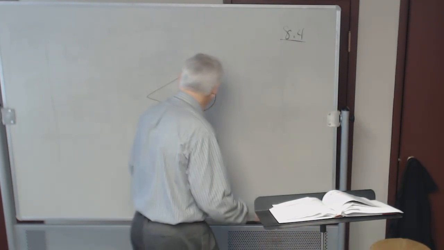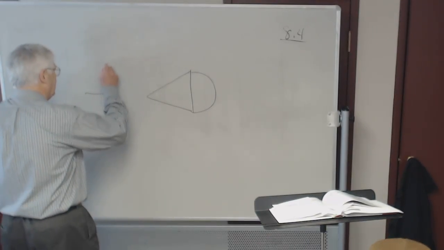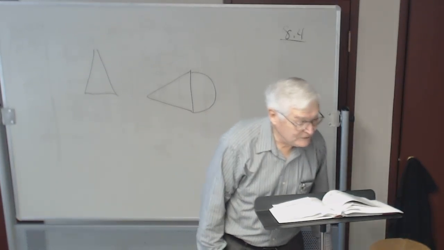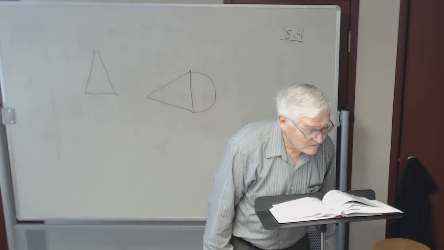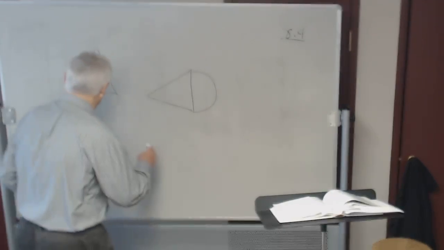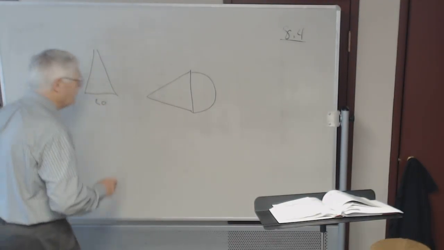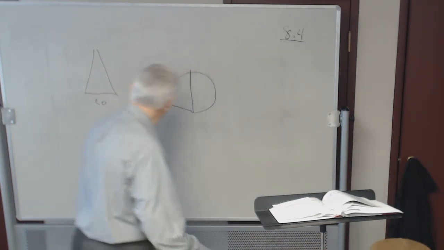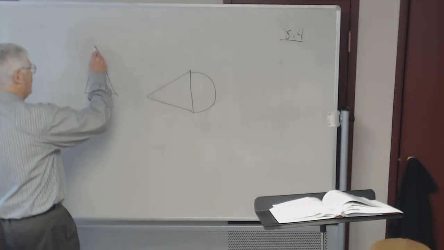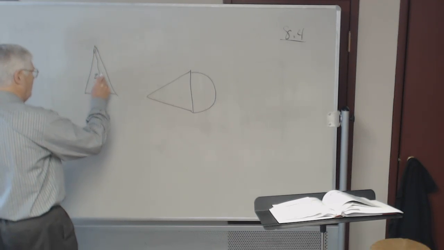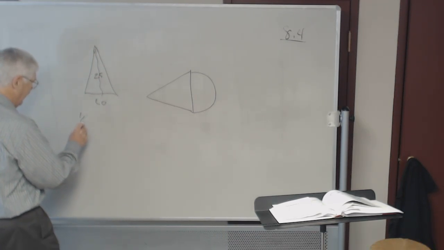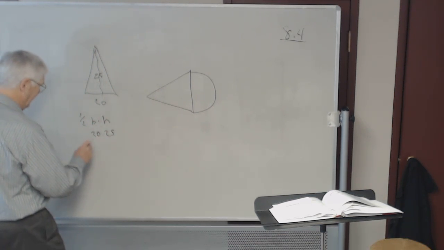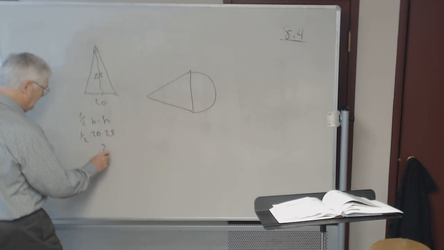And the triangle, it says, is 20 across the bottom. And how tall is it? 25. So 1/2 base times the height, 20 times 25 times 1/2 would be 250.